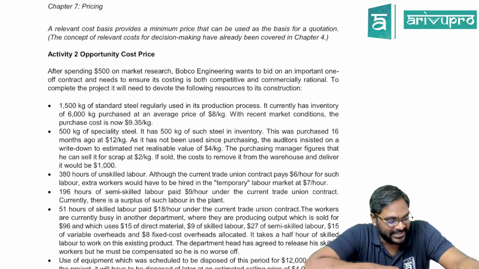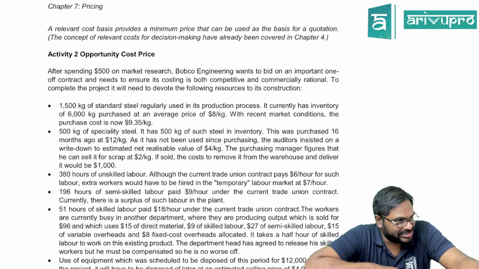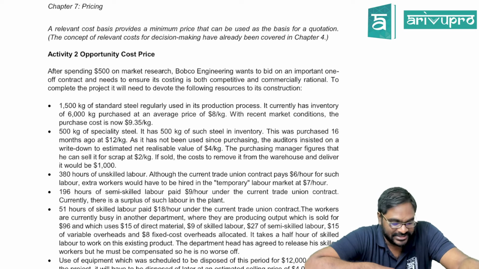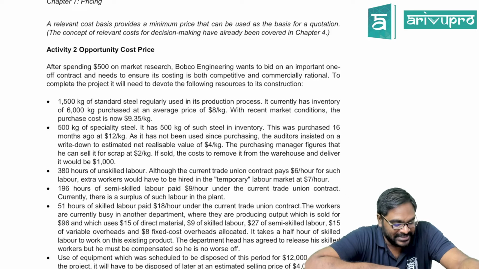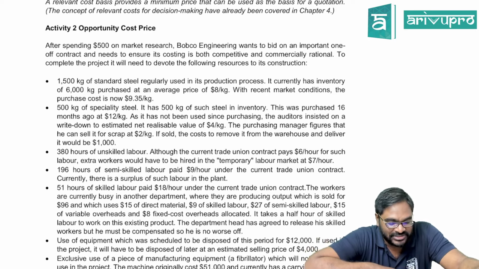After spending $500 on research, Bobco Engineering wants to build an important one-off contract and needs to ensure its costing is both competitive and commercially rational. To complete the project, it will need to devote the following resources to its construction.